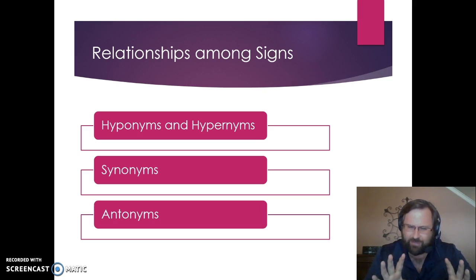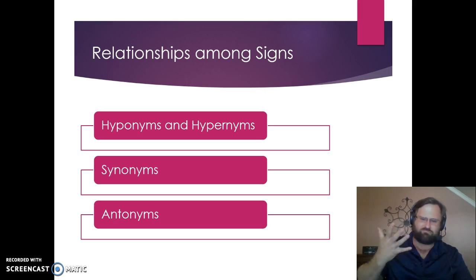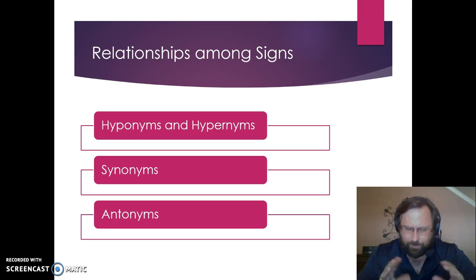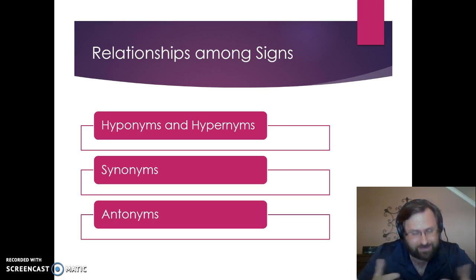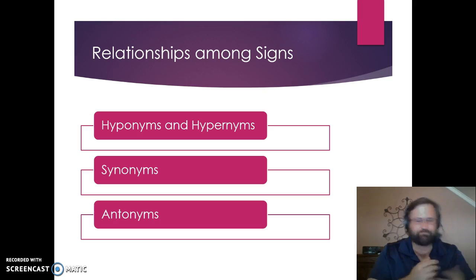It's hard to differentiate the difference. Those signs are very similar. So synonyms are possible in ASL, although they're not as common as they are in English. Similarly, antonyms occur when words have opposite meanings or very nearly opposite meanings. So we have lots of examples of antonyms in ASL.